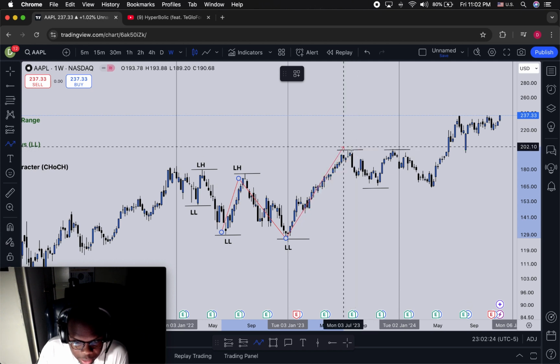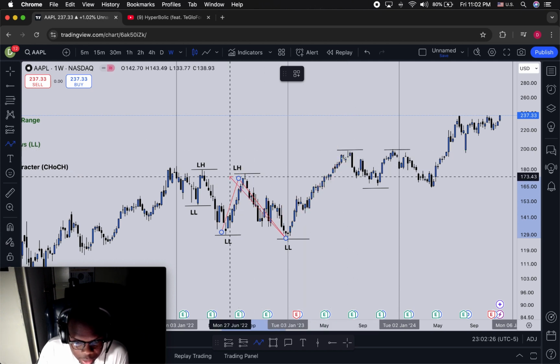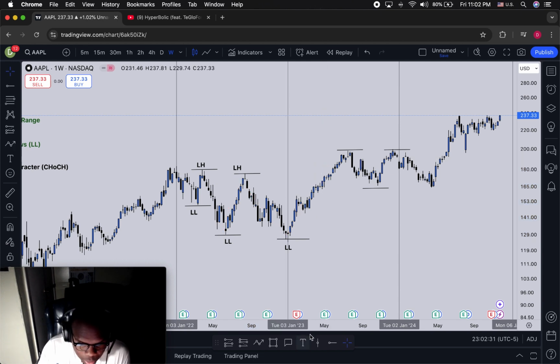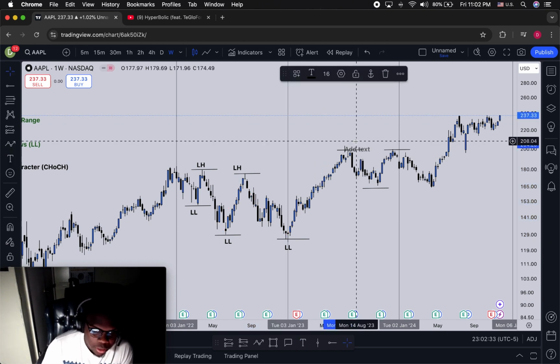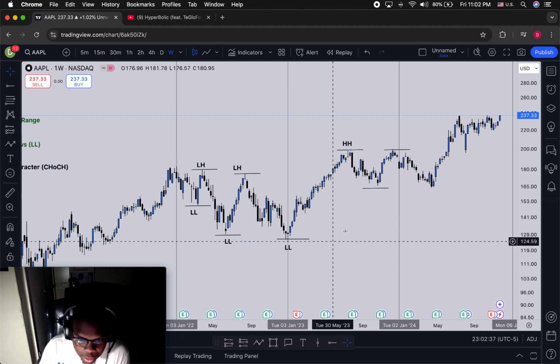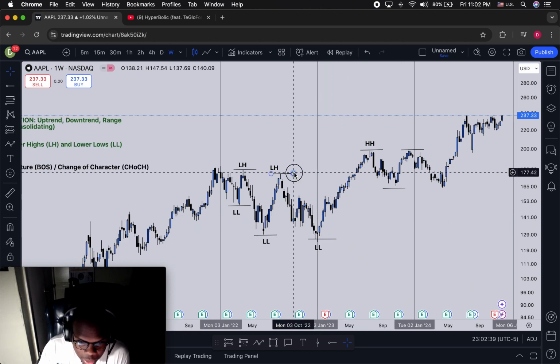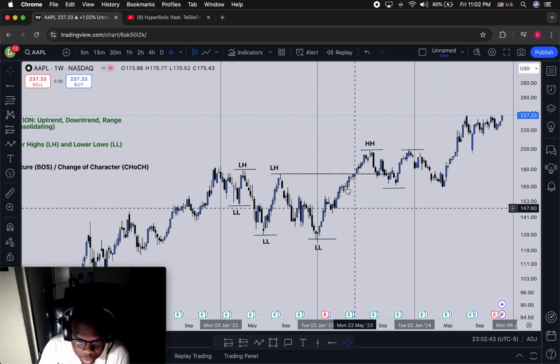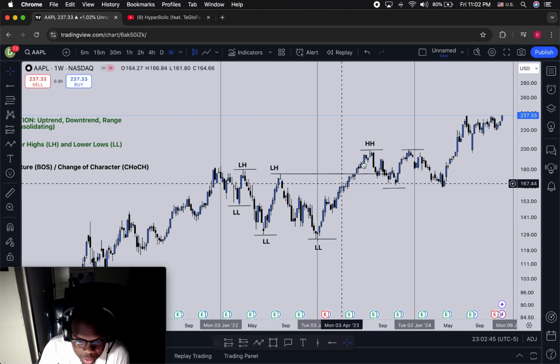This high is higher than this high, right? So I'm going to type this in right here: HH, higher high. This high is higher than the previous high. Simple.